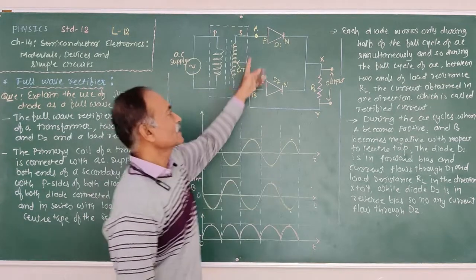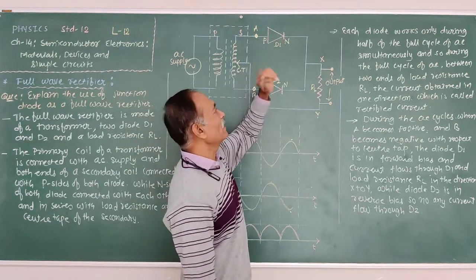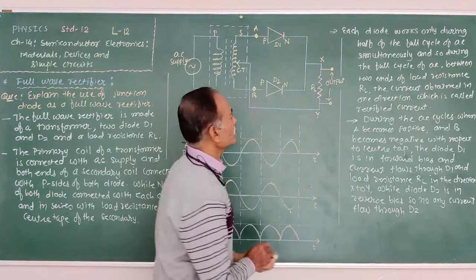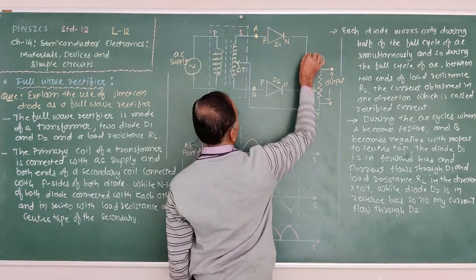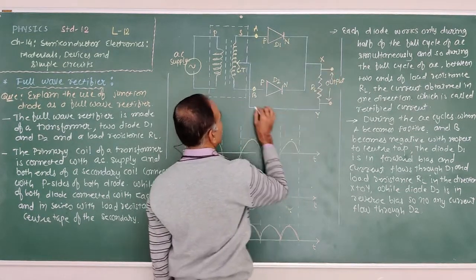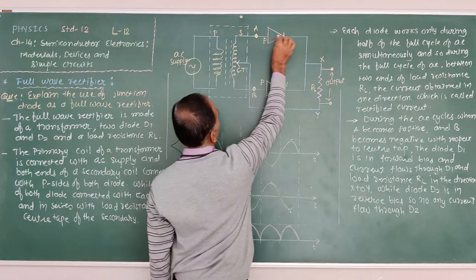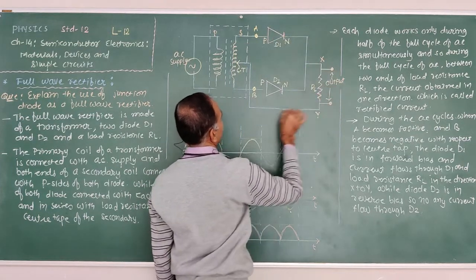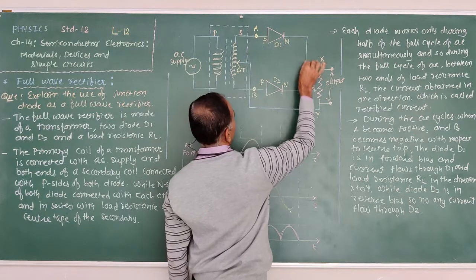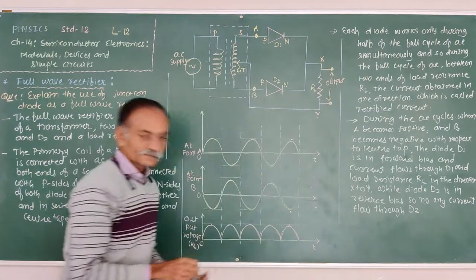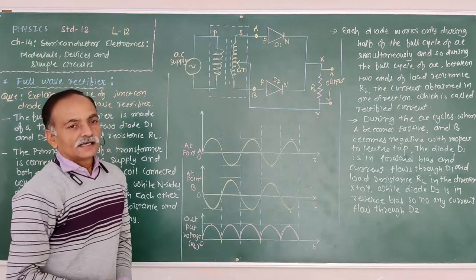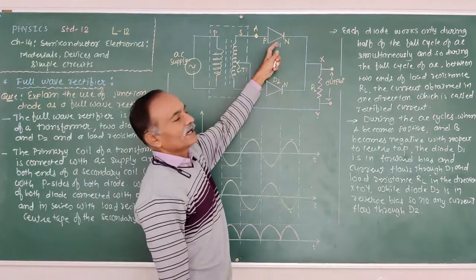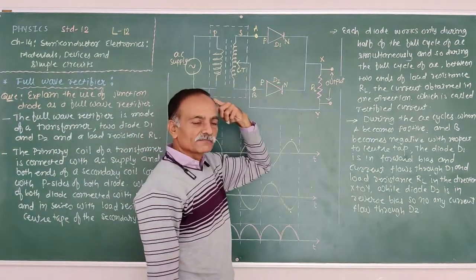As a result, the current is flowing. Suppose diode D1 is in forward bias. Then current flows through D1, then load resistance RL, then the center tap. Now, when diode D1 is in reverse bias, diode D2 is in forward bias.